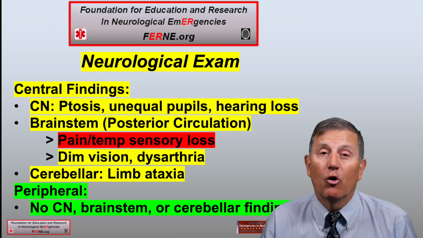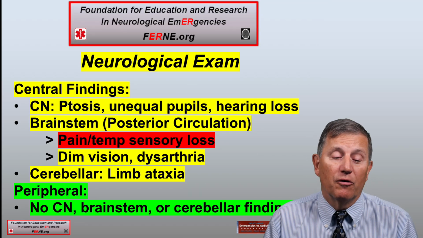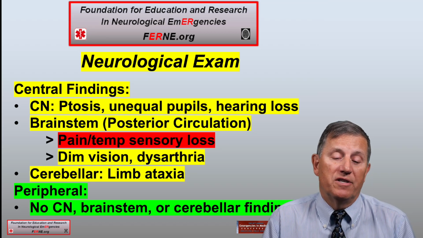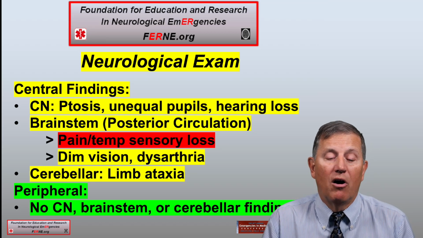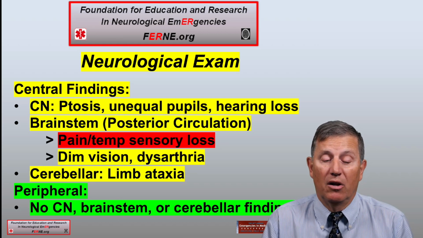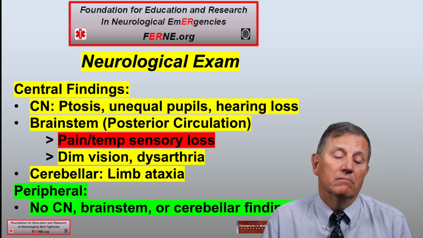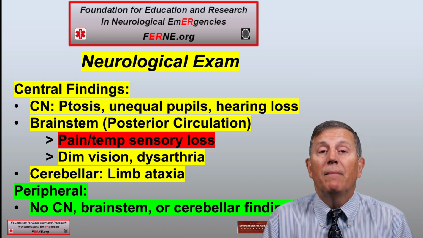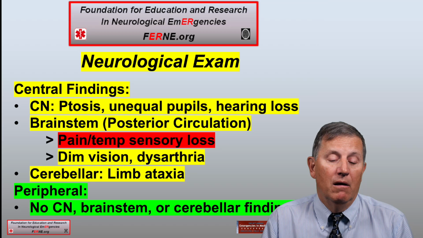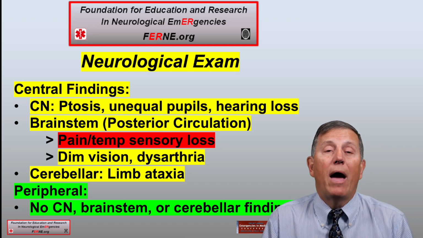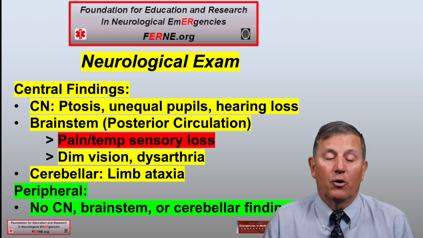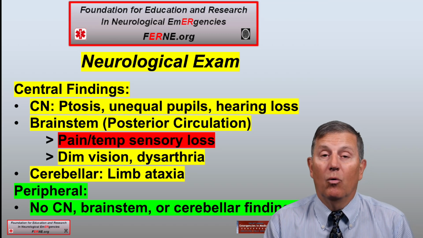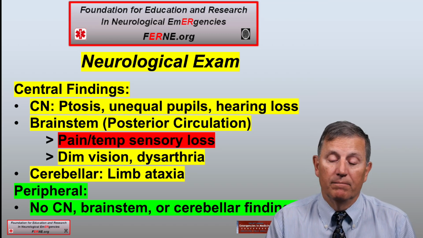So, on neurological exam, central findings include ptosis, unequal pupils, hearing loss, brainstem findings, pain and temperature sensory loss, dim vision or dysarthria. Cerebellar would be limb ataxia findings. Peripheral would be no abnormalities either in the cranial nerves, brainstem or cerebellum.